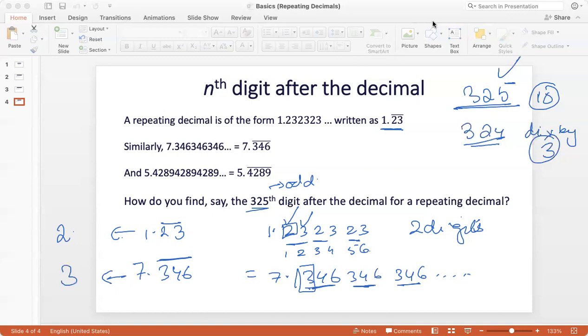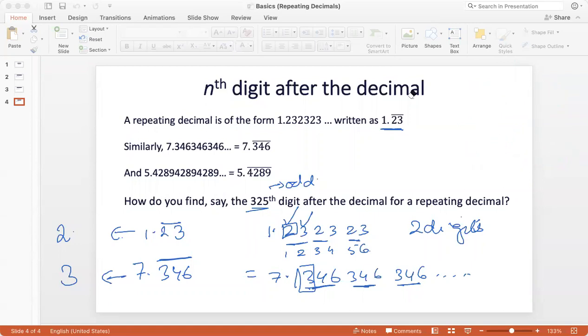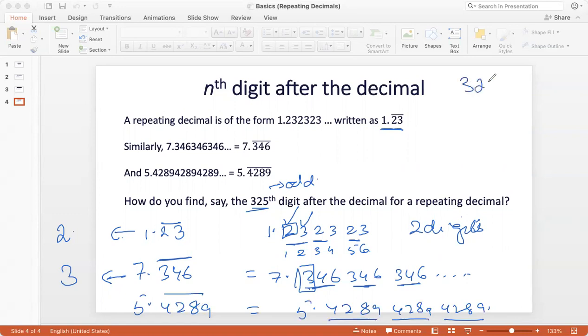Okay, let's do the last one, the one with 4. So I have 5.4289 bar. So that's 5.4289, 4289, 4289, and so on, right? So it repeats after every 4th digit. So when I look at 325, I have to check divisibility by 4.